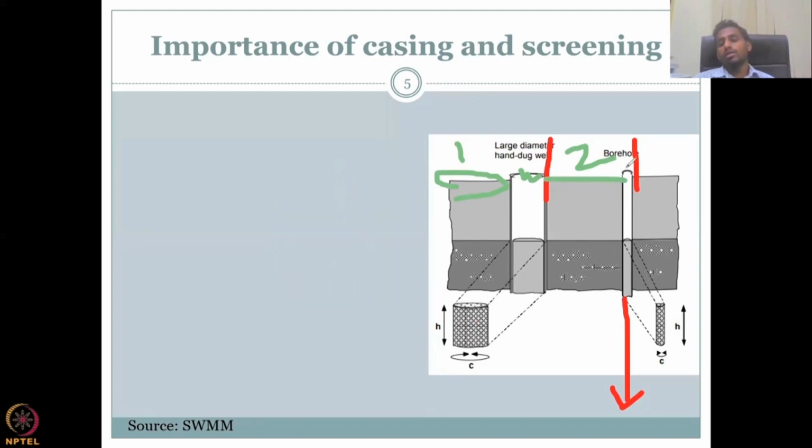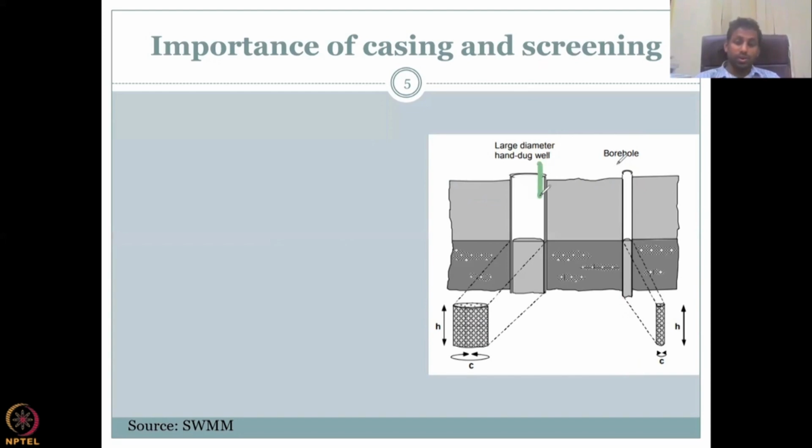You can see that the land loss is much less compared to this, maybe 4 times, 5 times the width of the bore well, you could say. More importantly, it is needed because most of these small farmlands are already small, and you don't have space to lose more land for water, right?